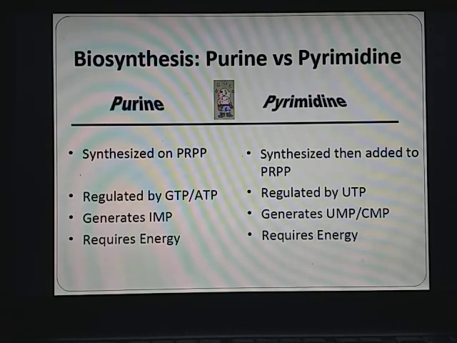But the pyrimidine ring is synthesized separately, and then it gets attached to ribose 5-phosphate from phosphoribosyl pyrophosphate. The purine synthesis is regulated by GTP and ATP. Pyrimidine synthesis is regulated by UTP. The purine pathway generates inosine monophosphate and the pyrimidine pathway generates uridine monophosphate and cytidine monophosphate. Both of them require energy.